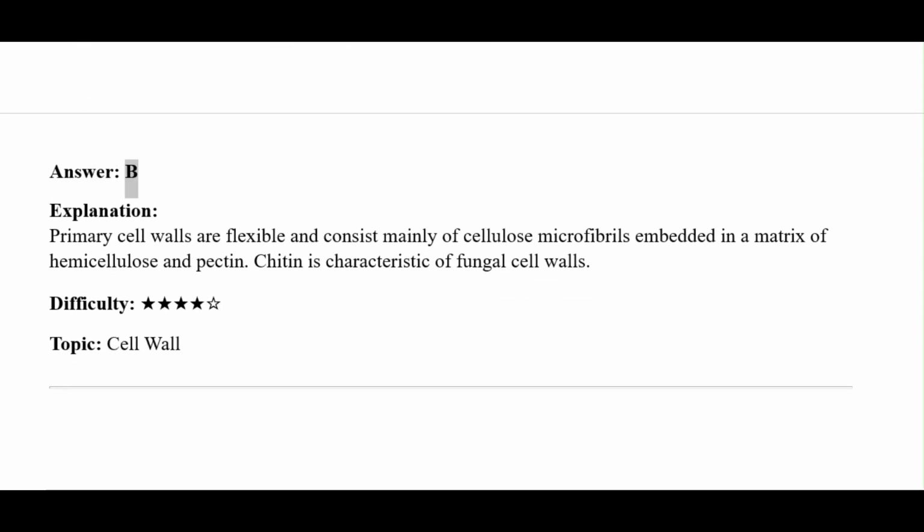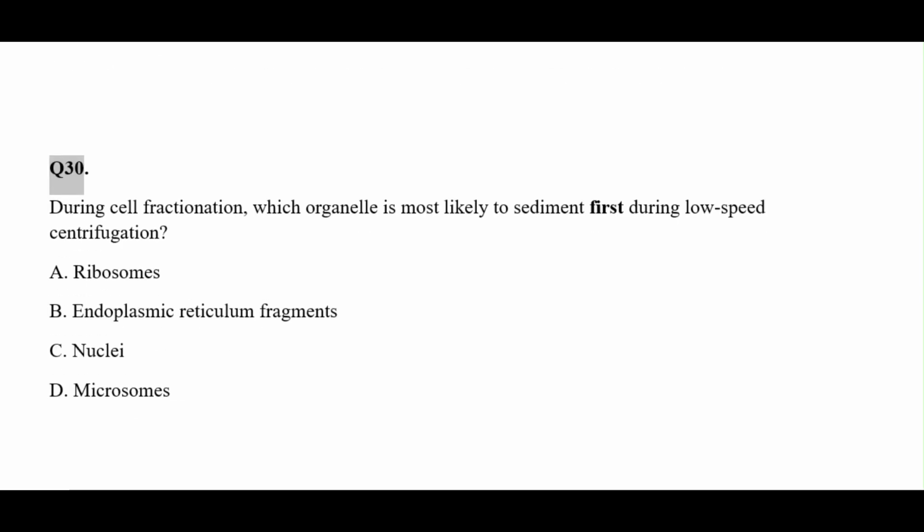Answer, B. Explanation. Primary cell walls are flexible and consist mainly of cellulose microfibrils embedded in a matrix of hemicellulose and pectin. Chitin is characteristic of fungal cell walls. Difficulty. Topic: Cell wall.